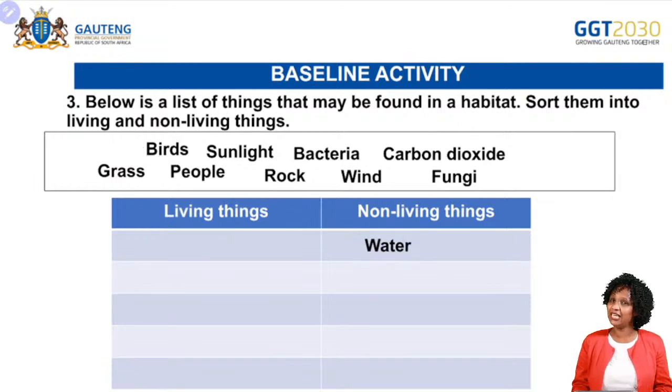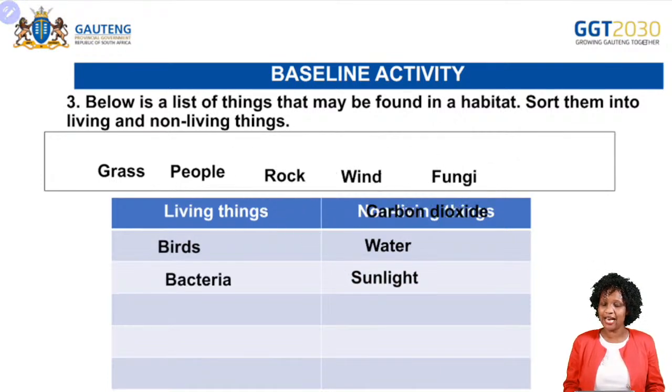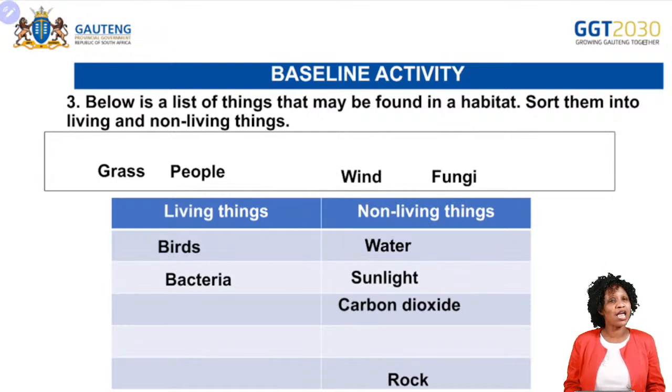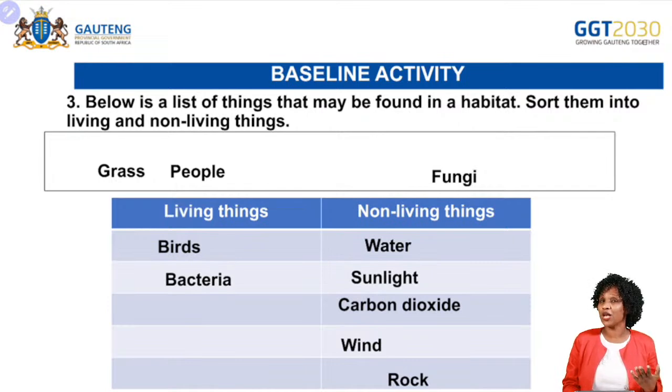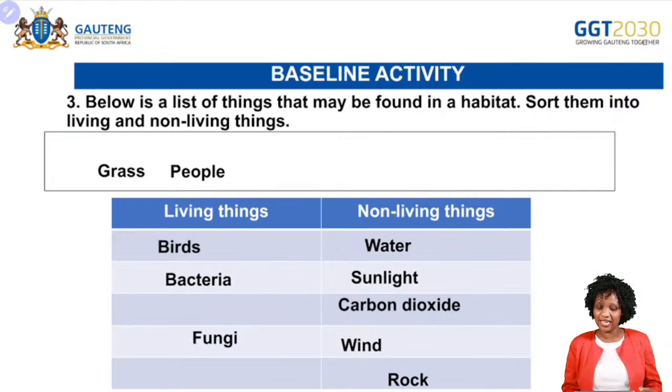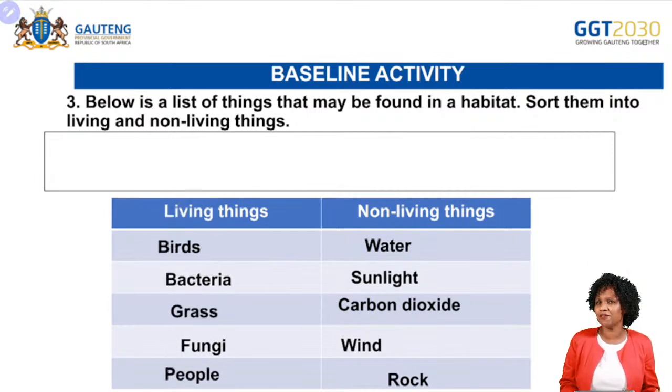We've got non-living, we've got water. We also have sunlight under non-living. We also have carbon dioxide under non-living. We also have wind and rock. All those are non-living. But what about the living?